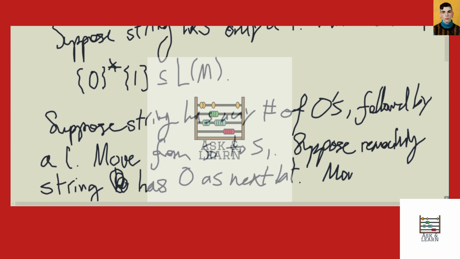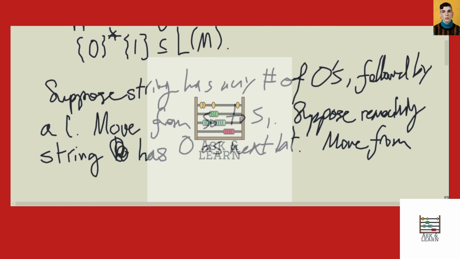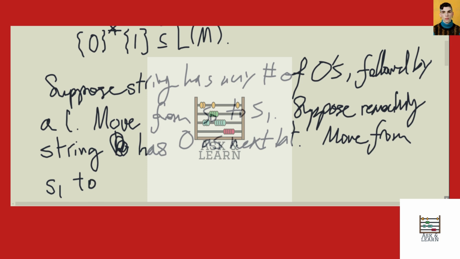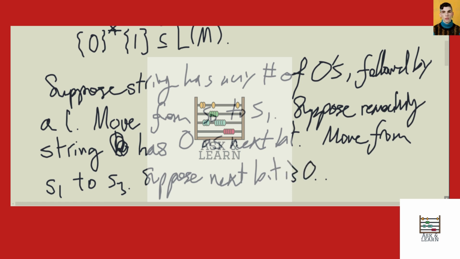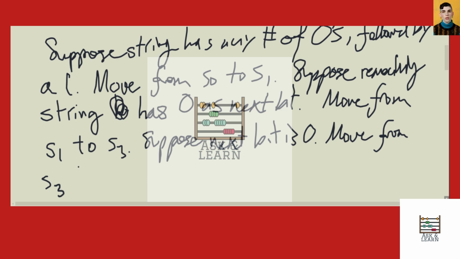Then we're going to move from S1 to S3, and now suppose that the next bit is a 0. Then we're going to move from S3 to S5.